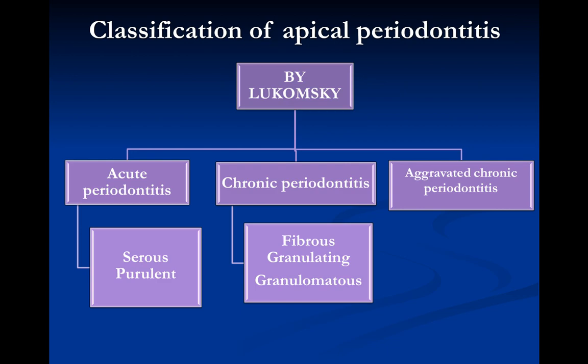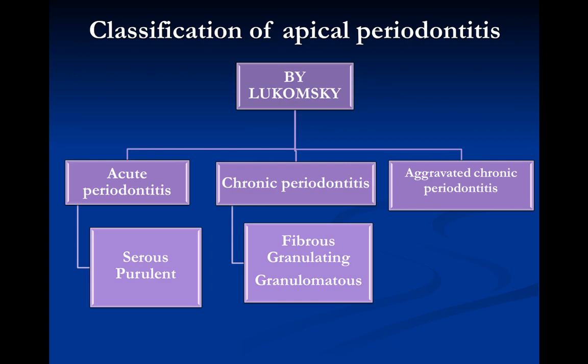It was about the structure of the periodontal ligament. Now about classification of apical periodontitis. The first classification by Lukomsky. There are three forms: acute periodontitis, chronic periodontitis, and exacerbated chronic periodontitis, or aggravated chronic periodontitis.